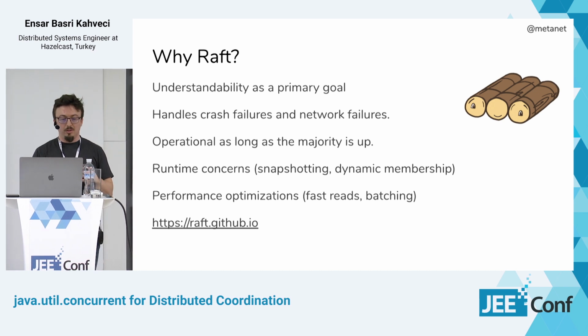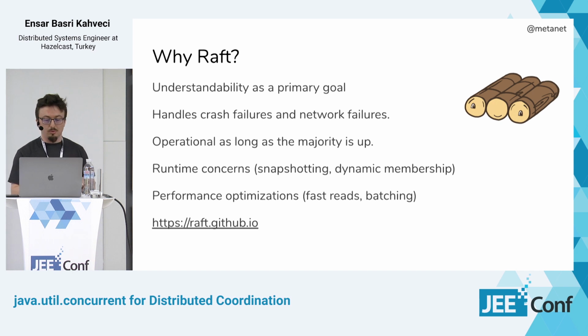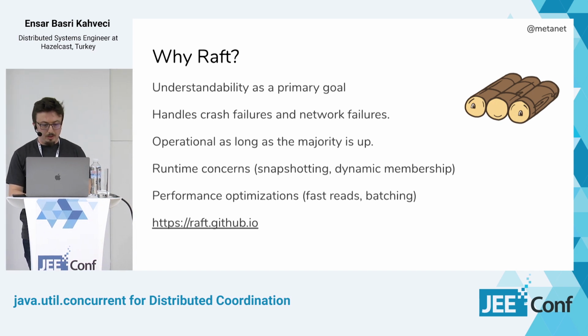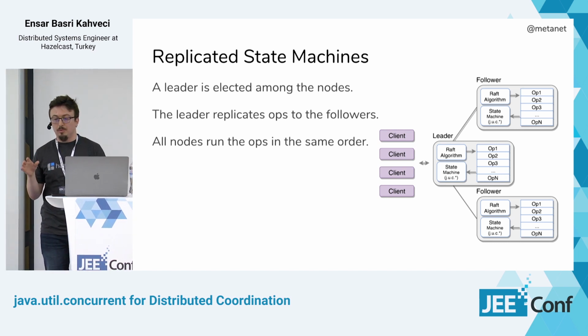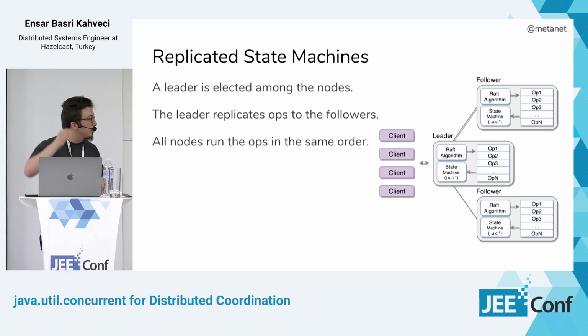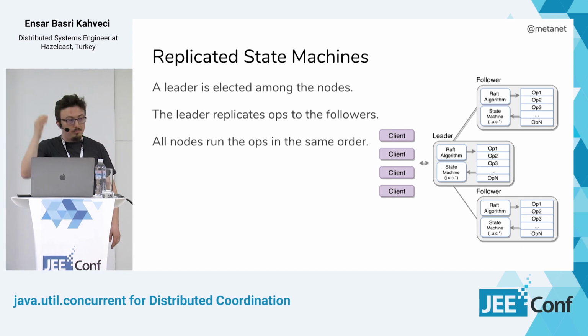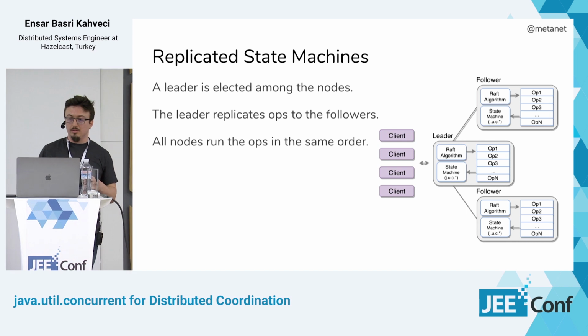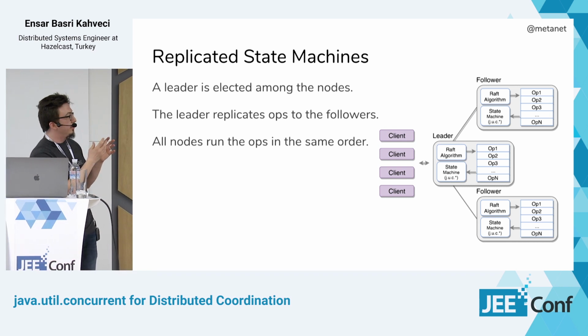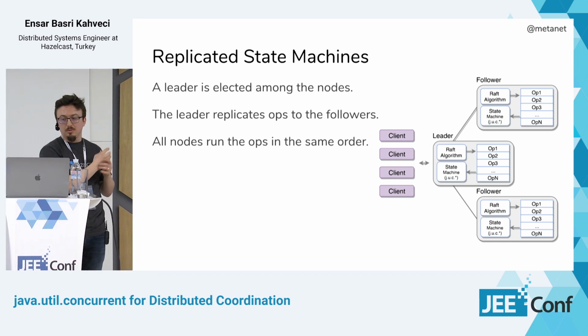And I can say that it was really helpful for us to build our solution on top of this algorithm. Raft implements a technique called replicated state machines. What happens is we put a log of operations and a state machine into each server. In our case, the state machine is the implementation of these primitives.